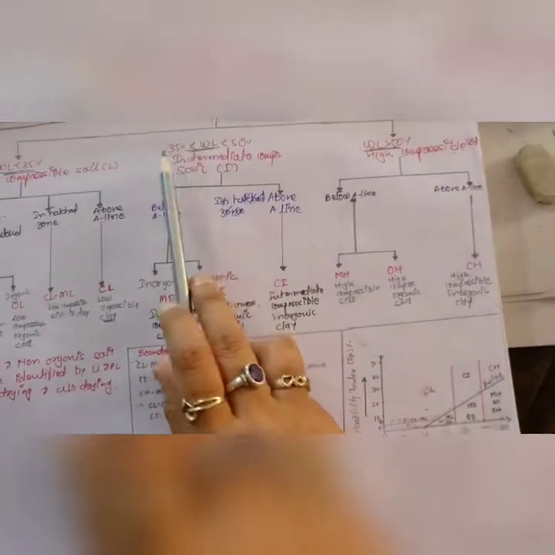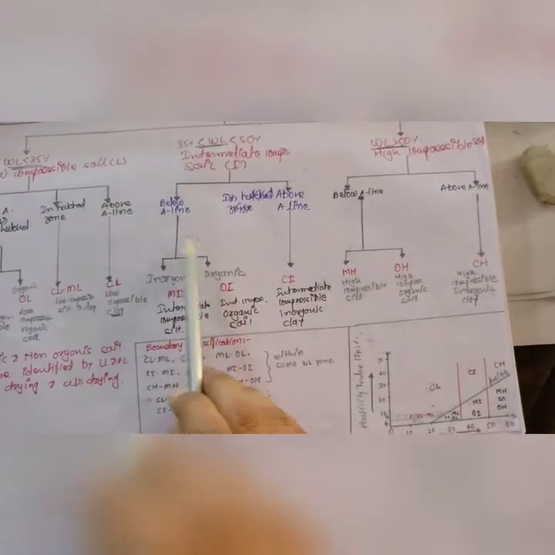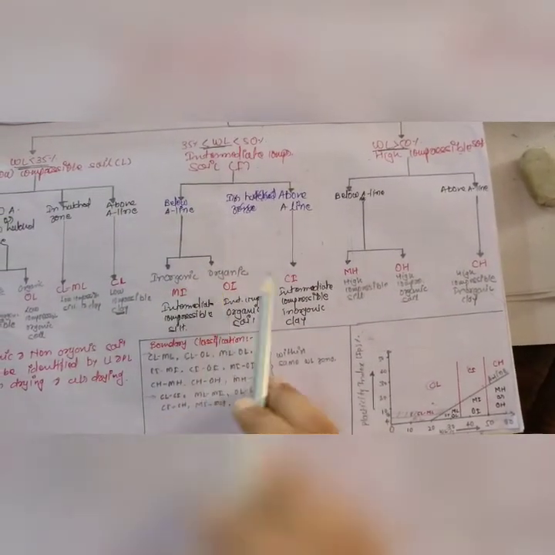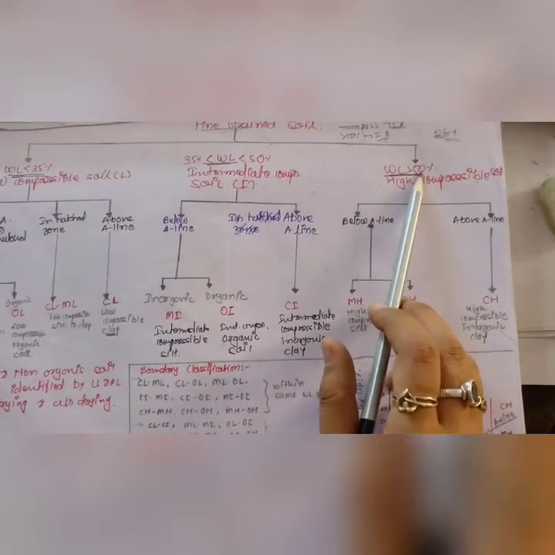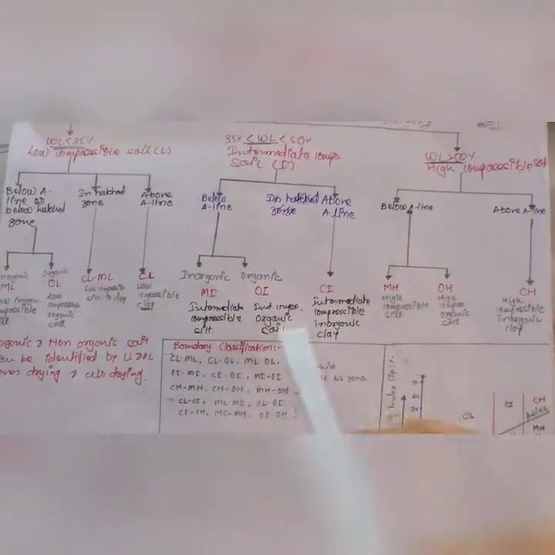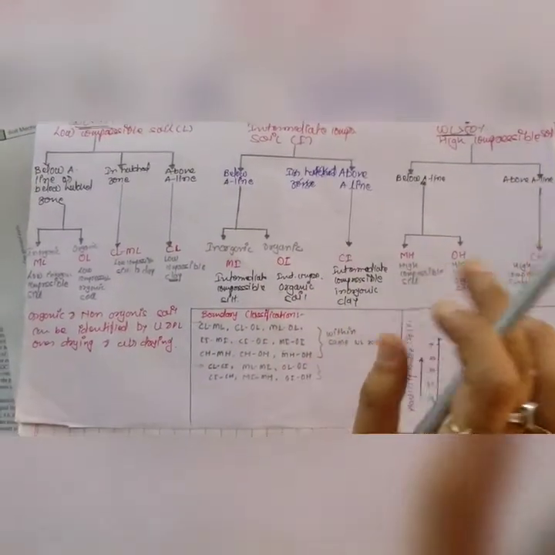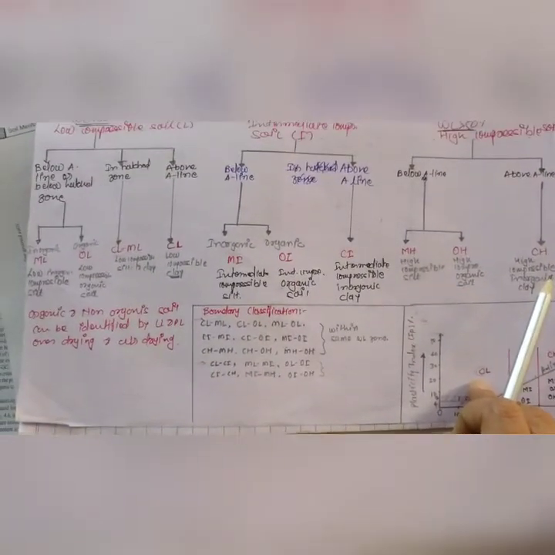If the liquid limit is between 35 and 50, below the A line MI or OI, above the A line CI. Similarly, if the liquid limit is more than 50, below the A line MH or OH, above the A line CH. This I have prepared from the plasticity chart which we have discussed just now.